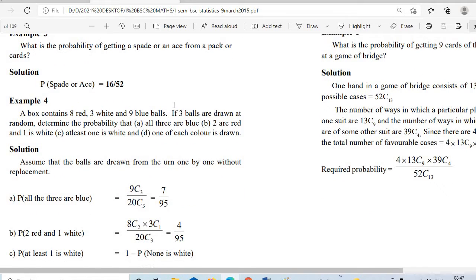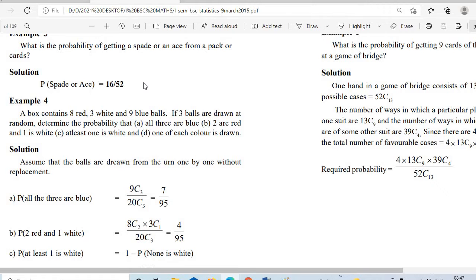Now another question: what is the probability of getting a spade or an ace from a pack of cards? So there are 52 cards in a well shuffled pack.